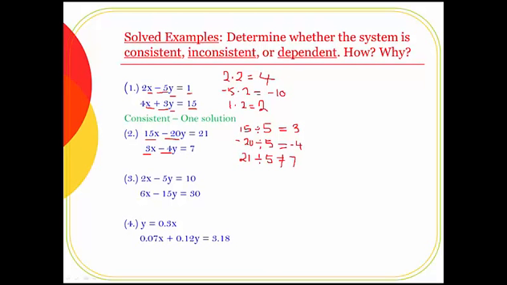You know, let's bring this to arithmetic. If you say that 2 plus 3 is 5, and then you turn around again and say that 2 plus 3 is 7, that means you're inconsistent.